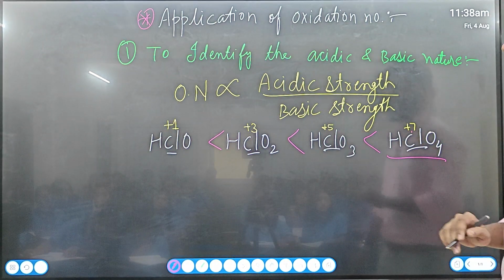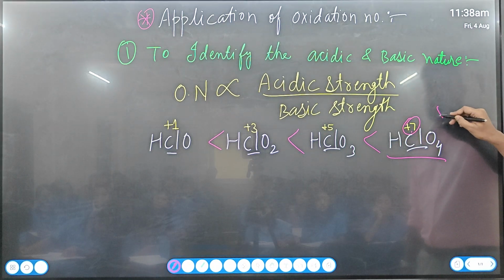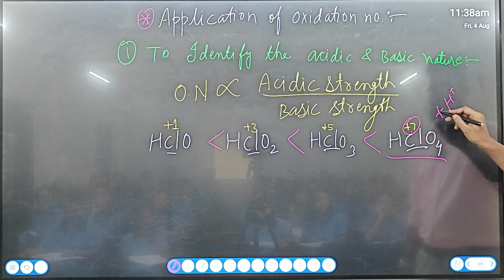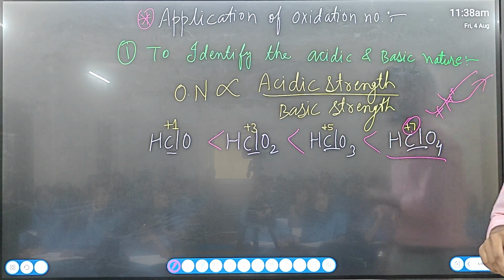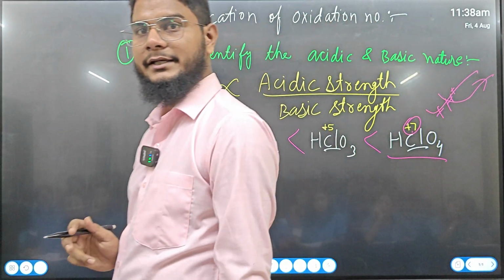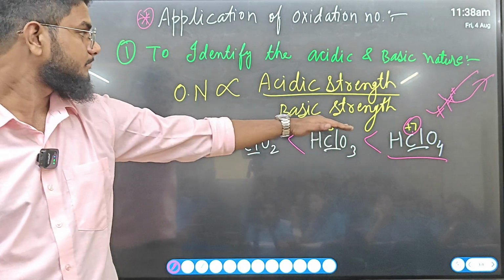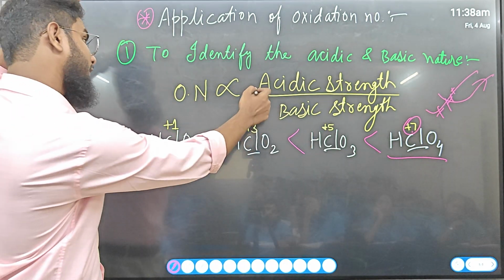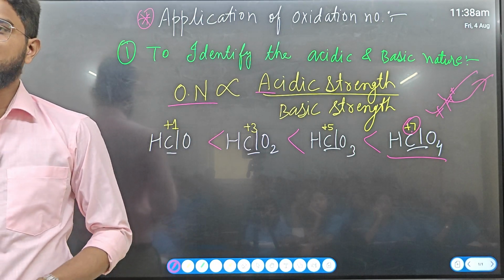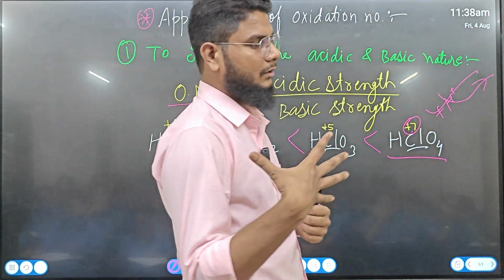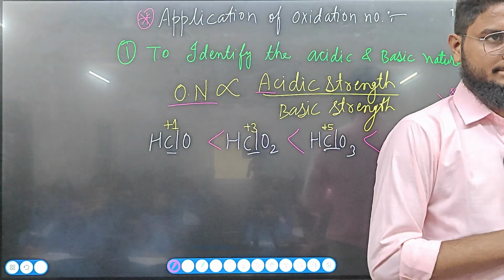So here already it has +7, so H plus don't want to live here, it will go out. Okay, this is the case when you can easily find the acidic strength by oxidation state. In organic chemistry we'll learn some other groups also.